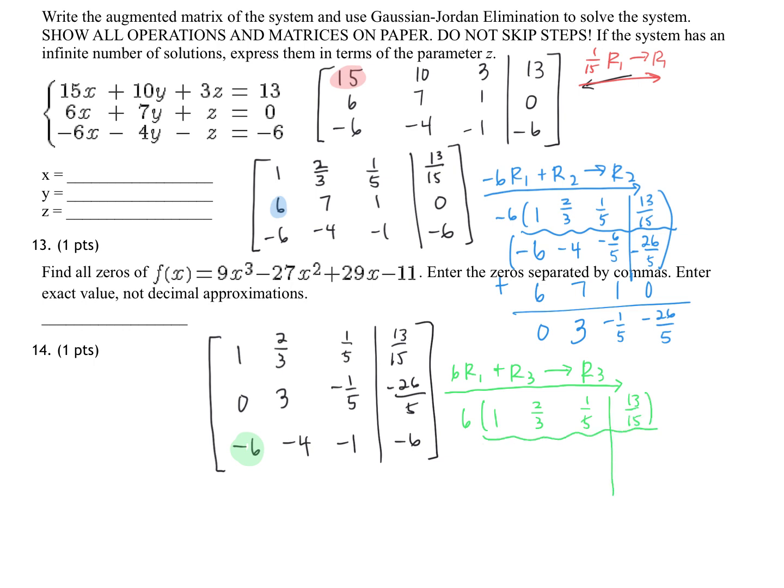When we multiply by 6, we will get 6, 4, 6/5, and 26/5. And then we want to add that to row 3.